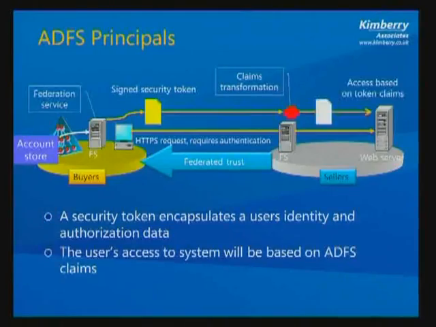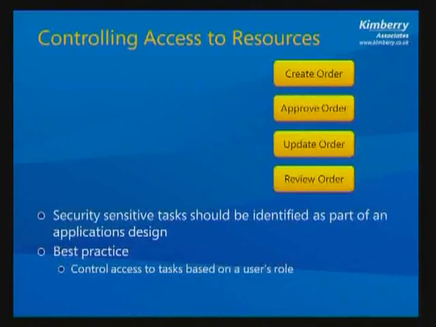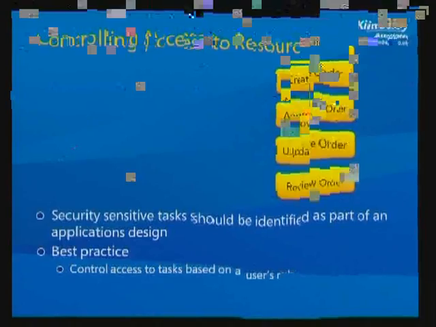That is a very simplistic overview of ADFS, but it's roughly how it works. So somebody else is doing the authentication. When we allow someone into our web server on the seller side, it's actually buyers that's doing the authentication.